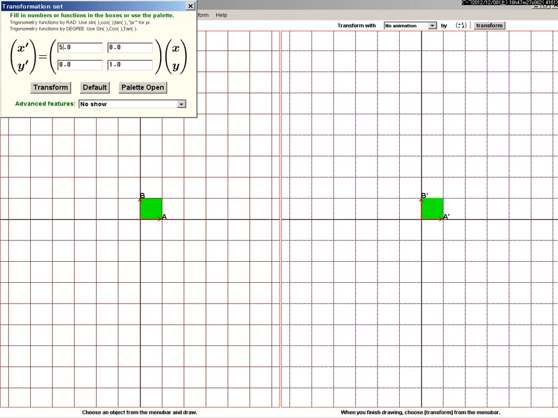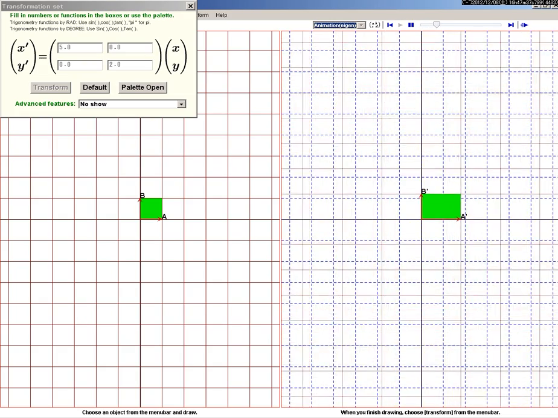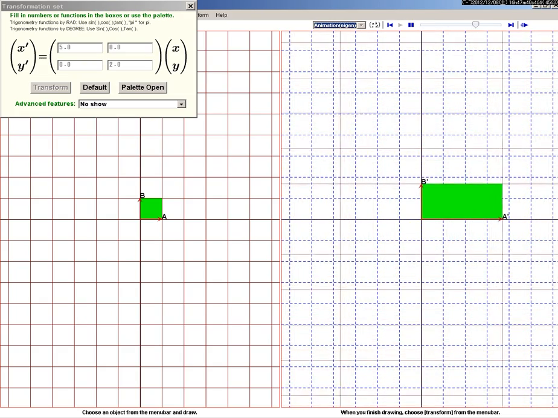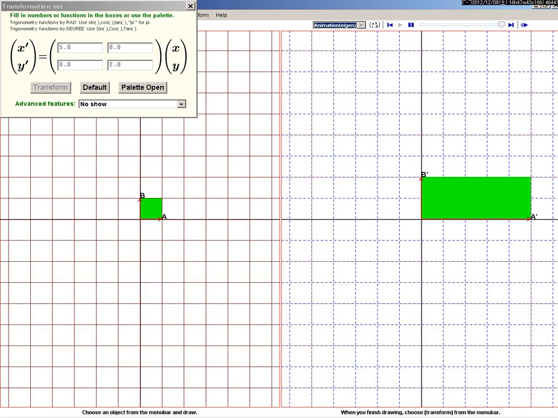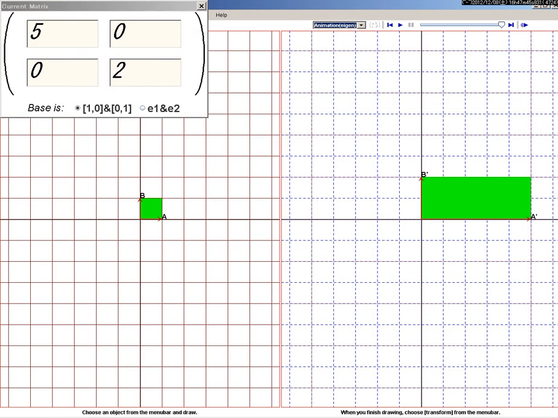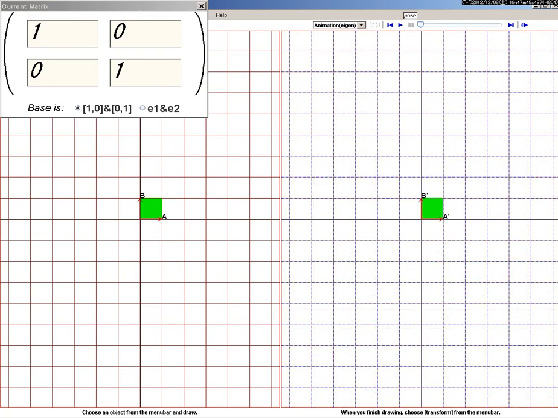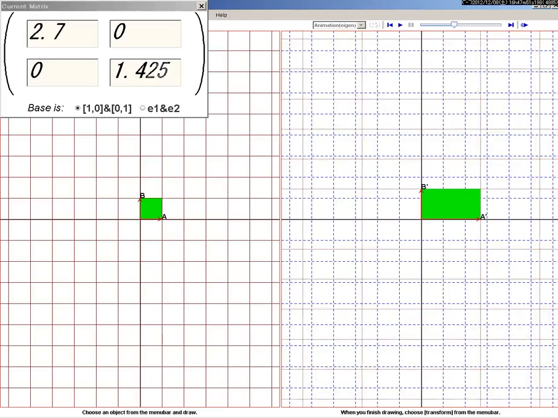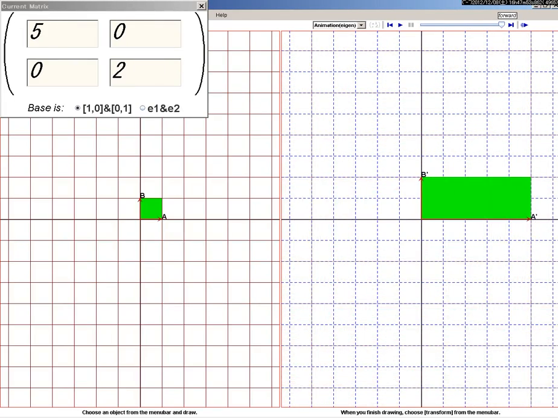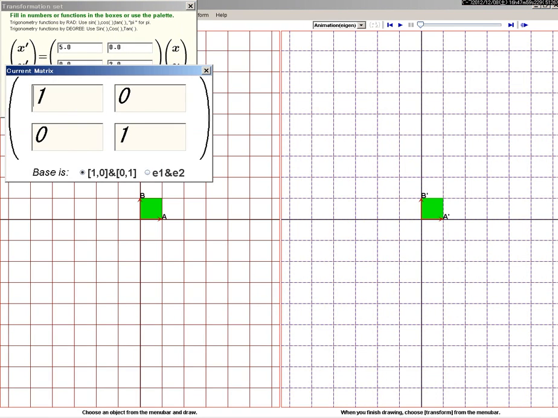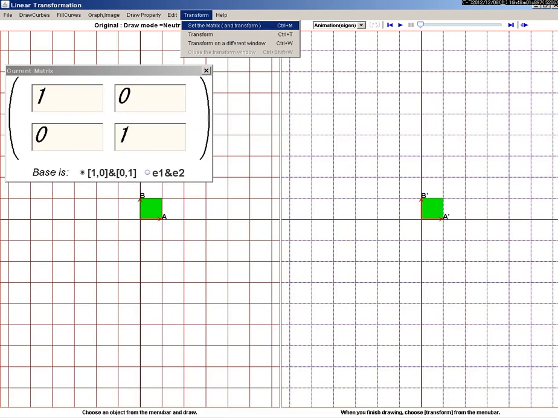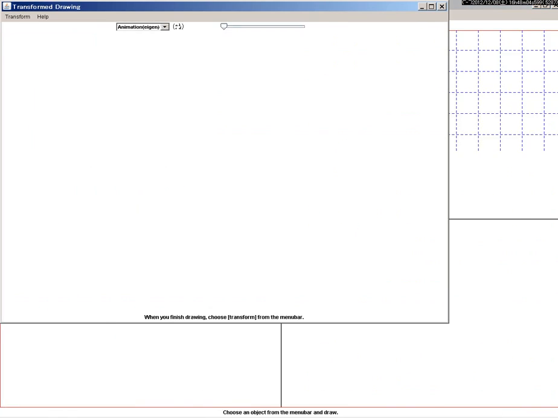So A is (5, 0; 0, 2). We're going to use animation eigen. You can see the current matrix, and you can see the transformed window in a big screen.